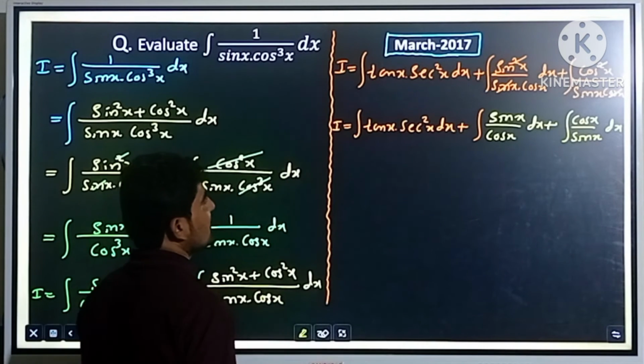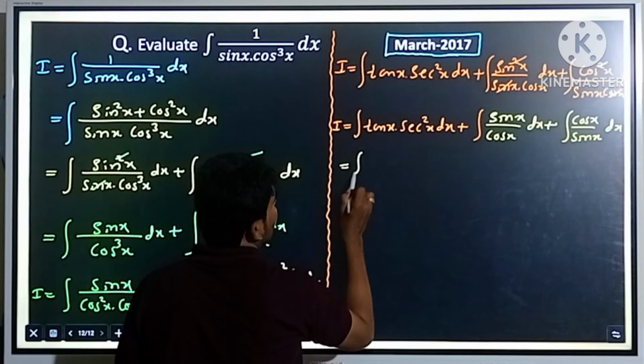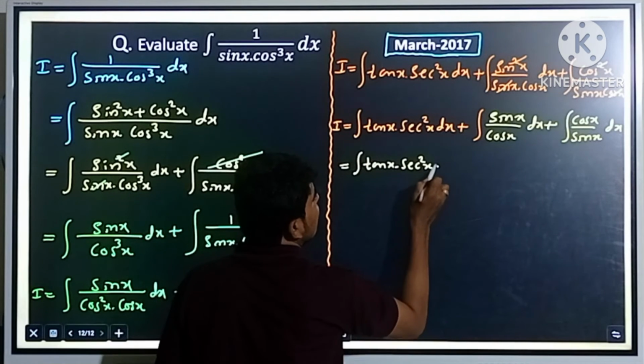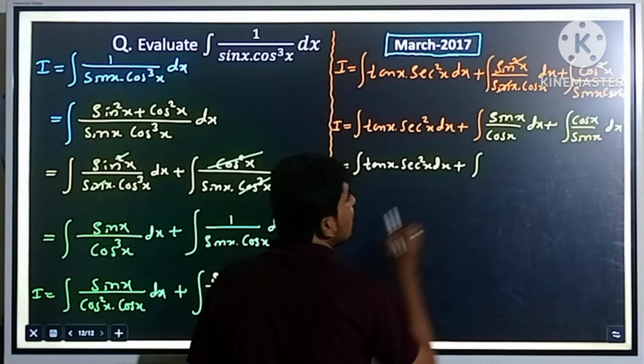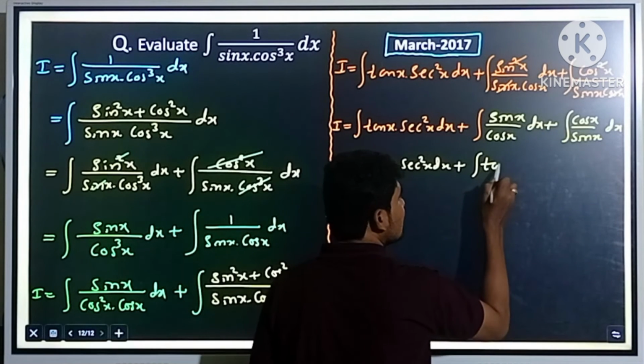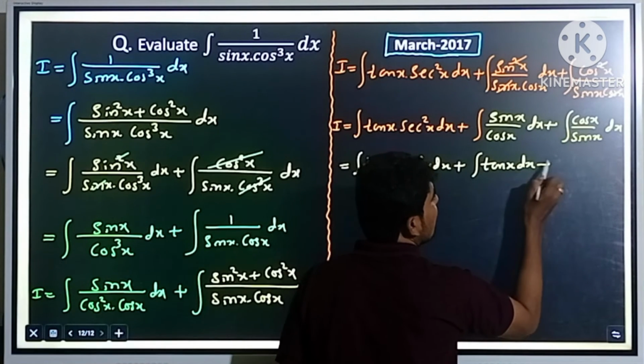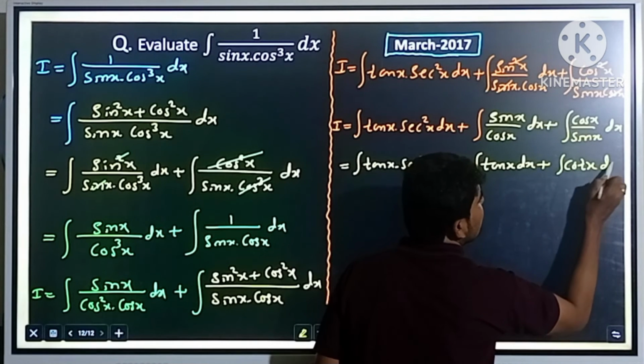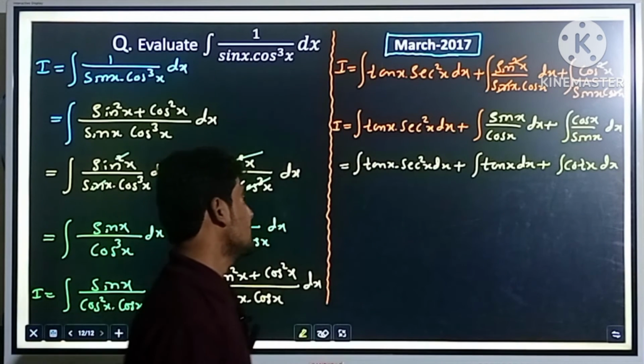So I is equals to integration of tan x into secant square x dx plus integration of sin x by cos x is tan x dx plus integration of cos x by sin x is cot x dx. I hope all of you are understanding.